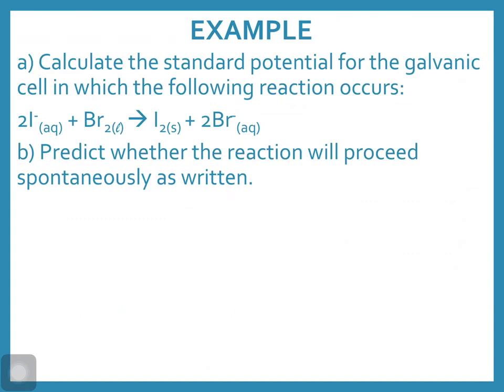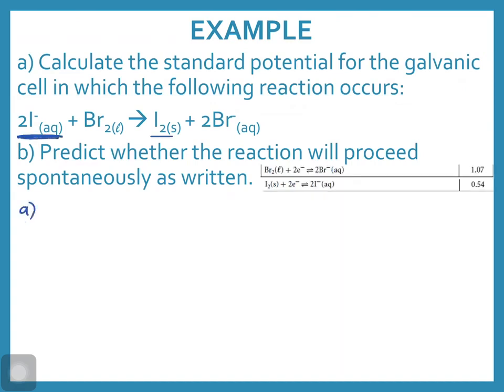So the first thing we need to do is our half reactions and then get the reduction potentials from the table. So there's the reduction potentials. I start with aqueous iodine ions and end up with I2. And if I look over here, this is actually the reverse reaction to that, and it is also lower in the table.